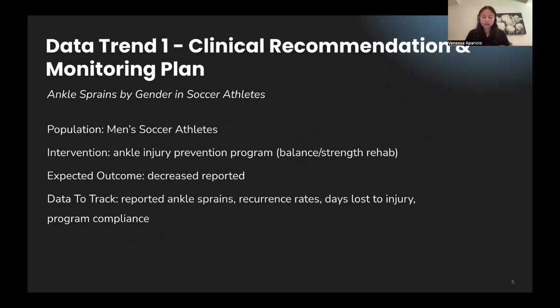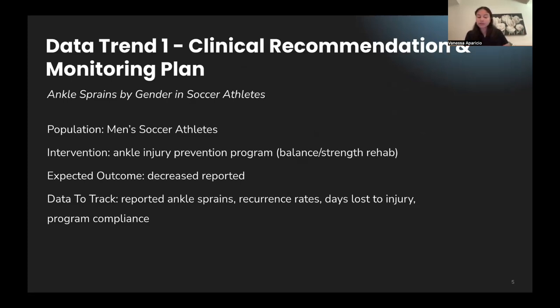So, clinical analysis of this data found, like I mentioned, that men's soccer experienced more ankle sprains than women's soccer. This data is clinically relevant as the athletic trainer because it tells me that a more targeted ankle injury prevention program should be implemented with the men's soccer team. This intervention would consist of balance training, like I mentioned, proprioception exercises, ankle strengthening, and dynamic change of direction activities that would help get them back into their sport.